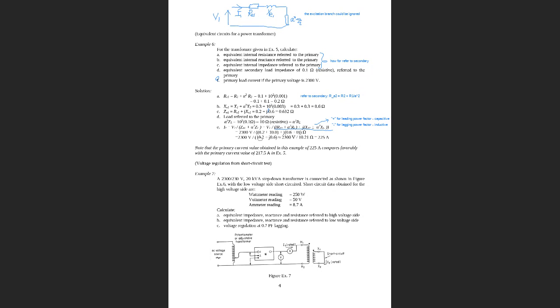So we bring in the equivalent resistance referred to primary 0.2 ohms for the transformer, resistance of loading 10 ohms referred to primary, the reactance of the transformer 0.1 referred to primary, and the reactance of loading referred to primary is 0. So we can calculate the values, and if necessary, you can find out the phase angles.